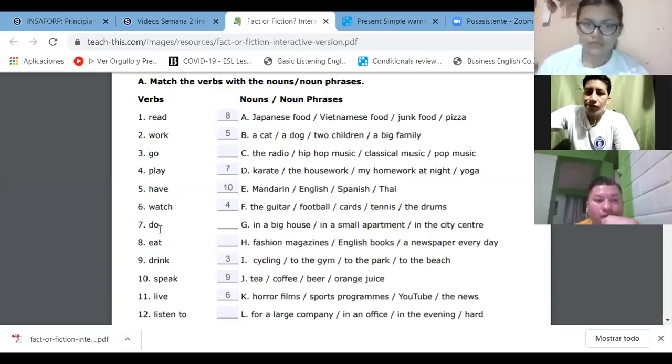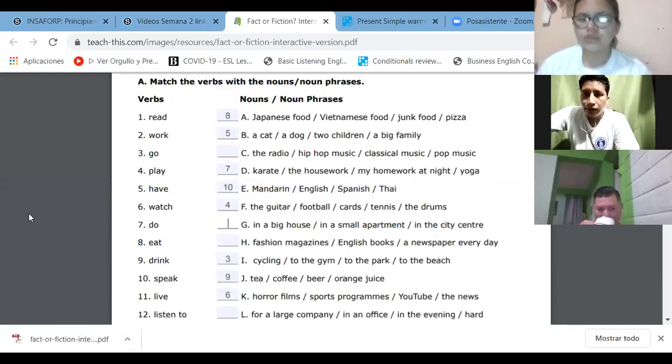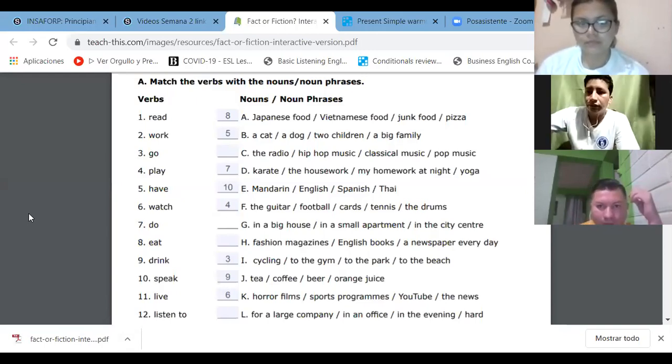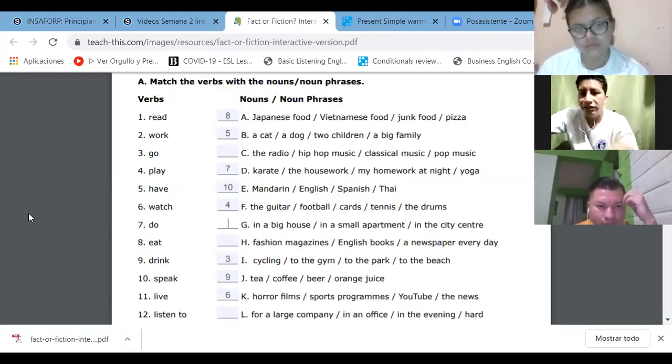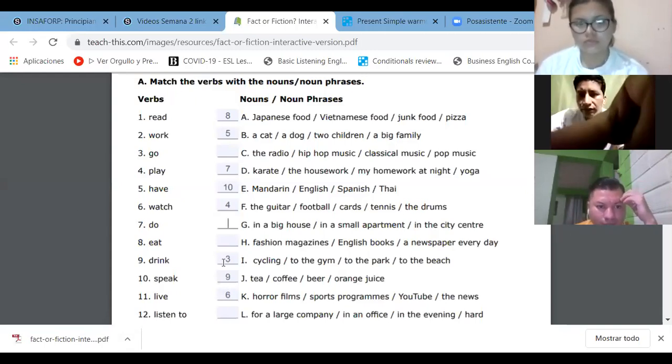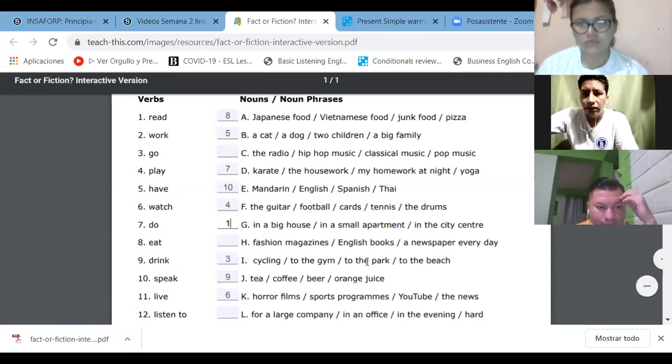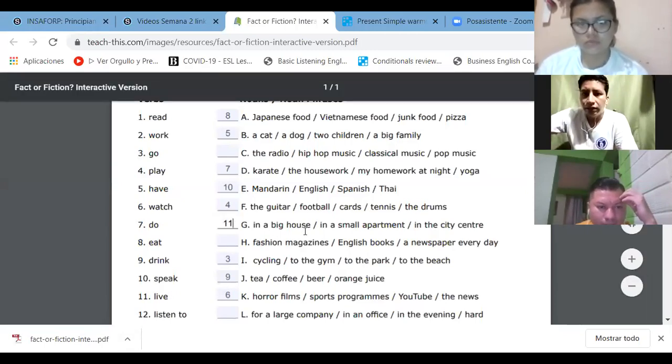Kevin, number 11. Letter G. Live in a big house, live in a small apartment, or live in the city center. Okay.